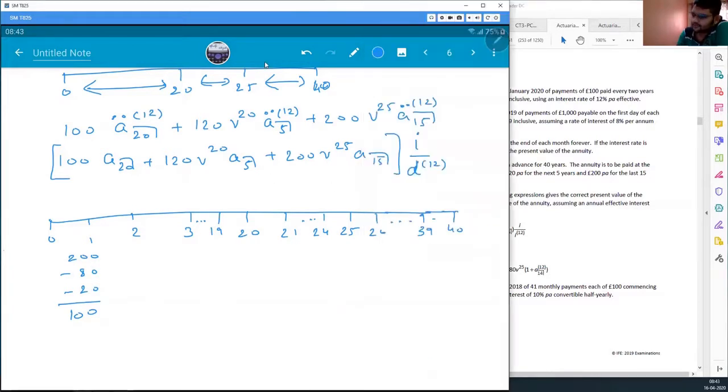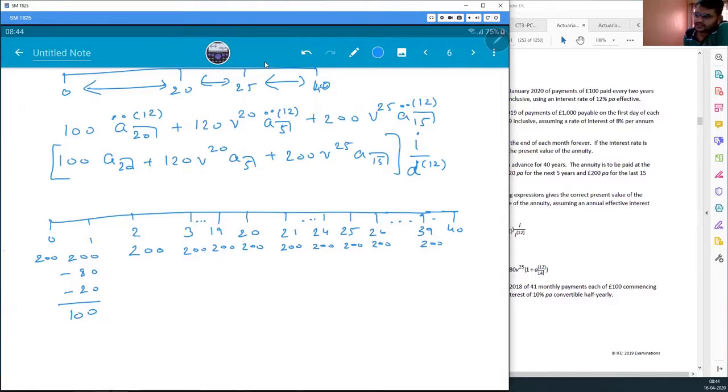So they are saying for all of these 40 years we are paying this 200 rupees, in advance. So it will start from time 0.